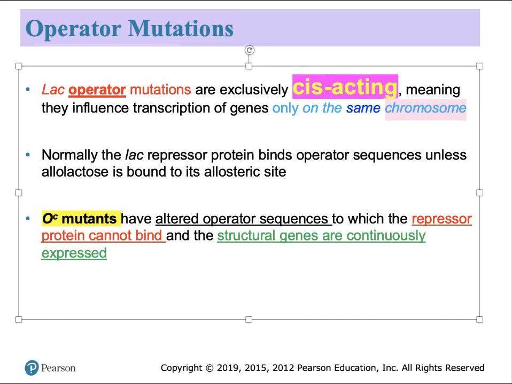Mutations in the sequence of the operator lead to, in some cases, the repressor not being able to recognize that region any longer and thus unable to bind. Therefore, repressor can never bind to that particular operator. So those operators are called OC, for operator constitutive.